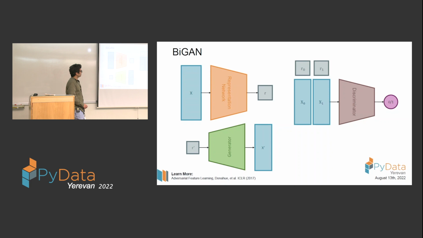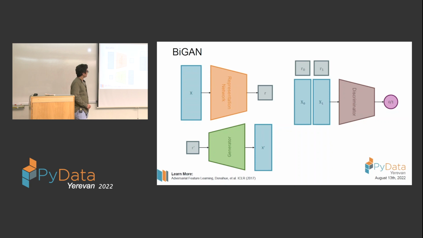What the discriminator does now is work with the input and also the representation, and it can tell you whether the representation is a good representation of the input, or whether they are not related together.